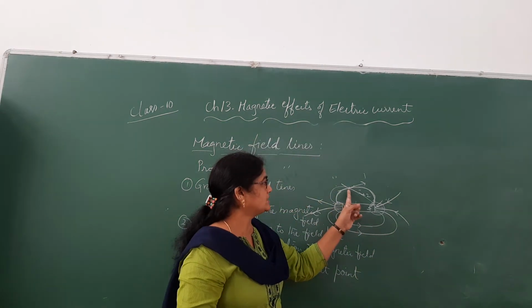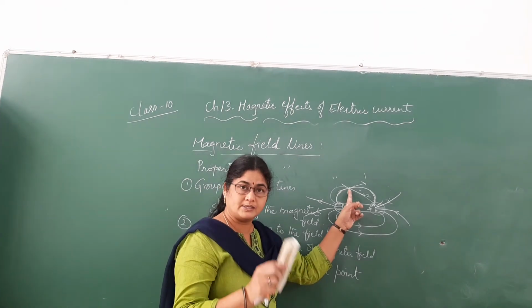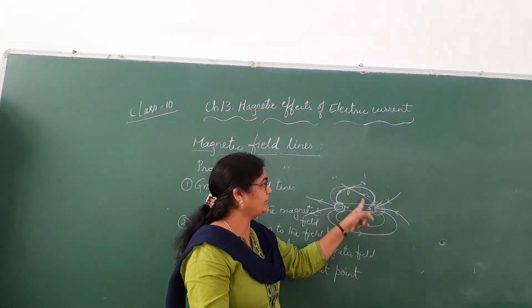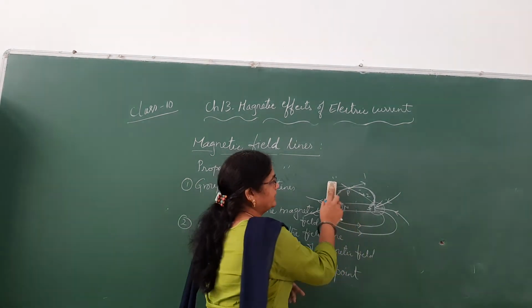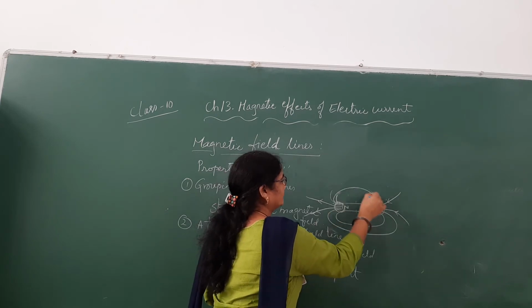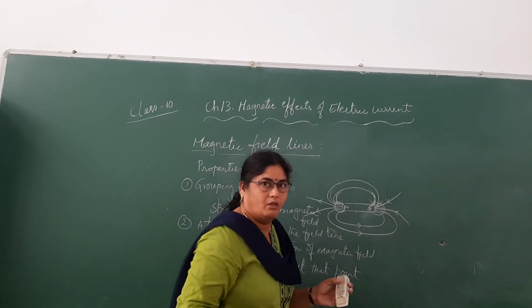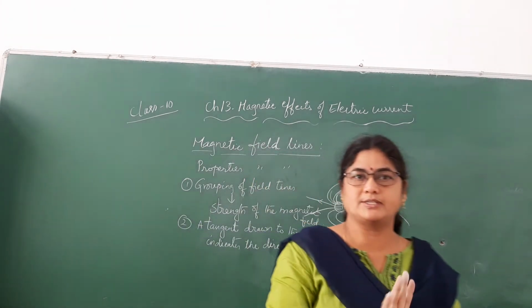But due to the crossing of the two field lines here, at this single point, the same magnetic field is having two directions, which is not possible. That's why they never cross each other. Field lines never cross each other.